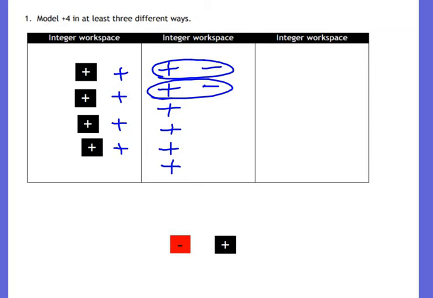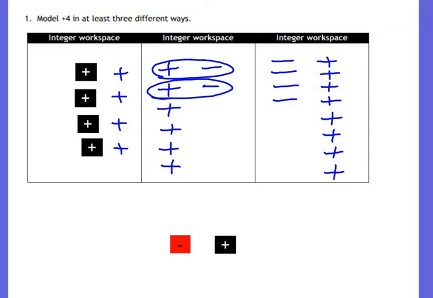So that leaves the game wide open as to many different ways for me to create a positive 4, right? So what is another way I could write a positive 4? John, what you got? 4 negatives and 8 positives.